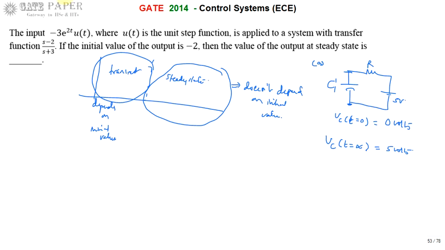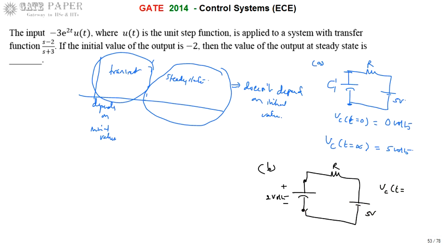Now we'll go for the second case, where the capacitor has an initial value of 2 volts. Now you apply the same R value and the same 5 volts. Under steady state, at t = infinity, the capacitor again stores only 5 volts.